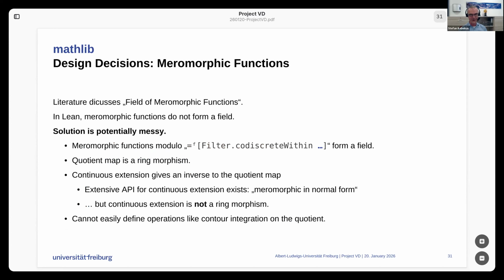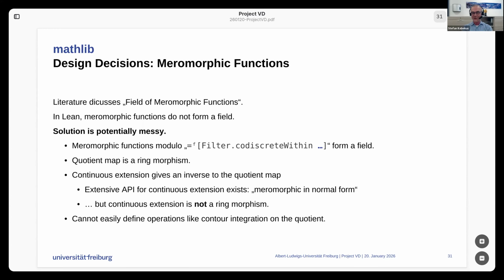Eventual equality according to the filter codiscrete within. So we identify the function 1 with a function 1 that has a discontinuity at 0, or that has a discontinuity at every discrete set.